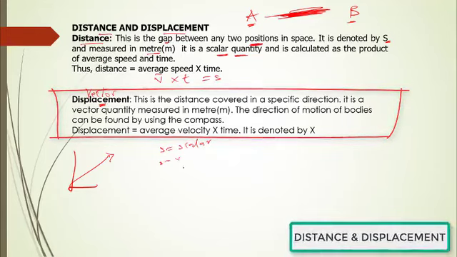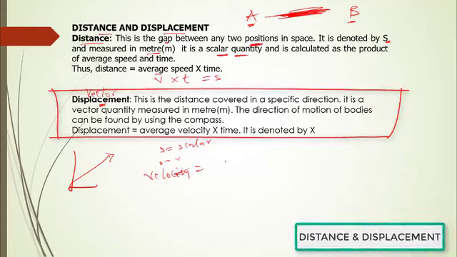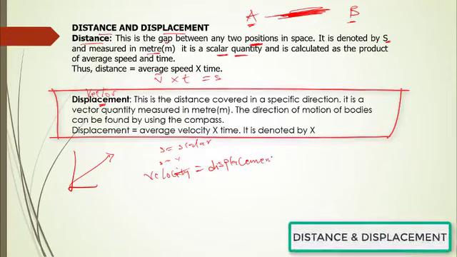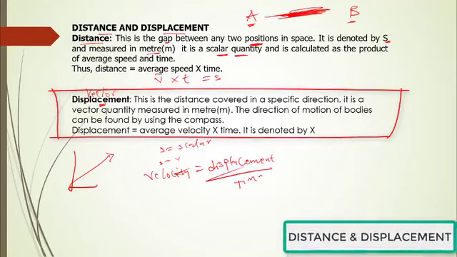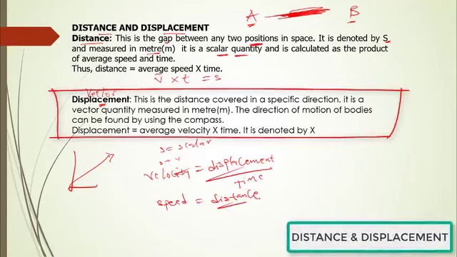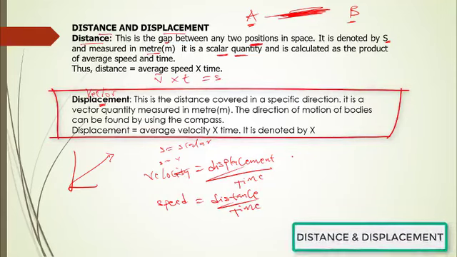And that's why when we come to things like velocity, velocity is given by displacement over time. On the other hand, speed is given by distance over time. Both of them are measured in meters per second.